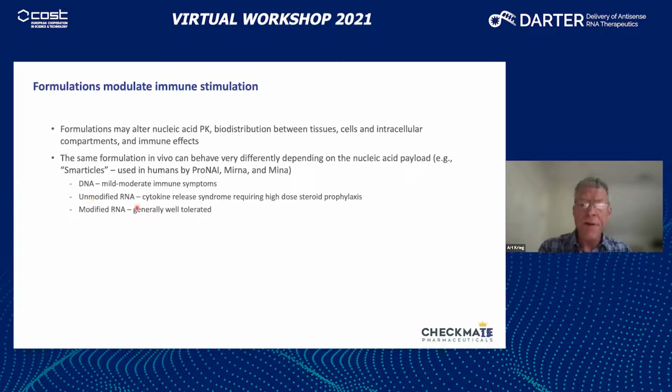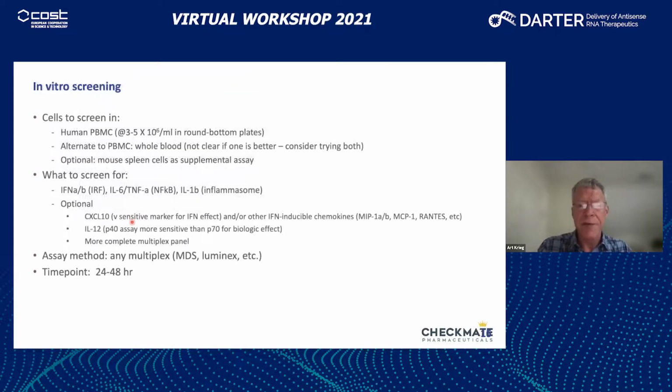When an unmodified RNA that had U's and could potentially activate TLR7 and 8 was developed by Marina, they saw cytokine release syndrome in patients. They had to give high-dose steroid prophylaxis in order to dose people with Smarticles. And then when a modified RNA was used by Mina, those were generally well tolerated. So making the point about the importance of the cargo and thinking about that too.